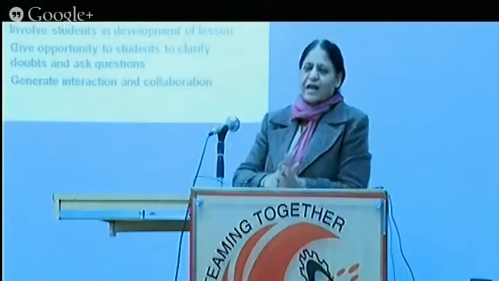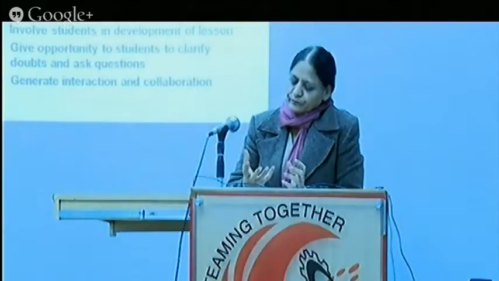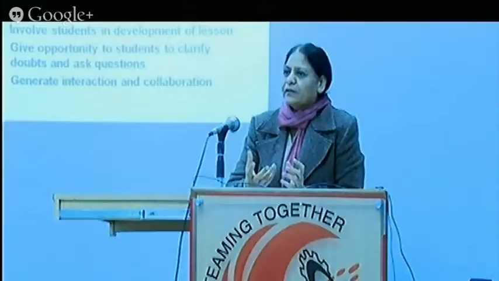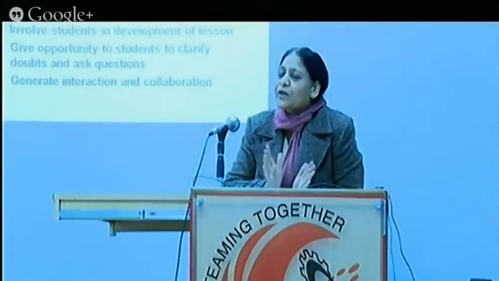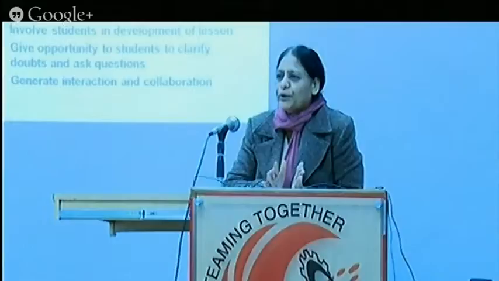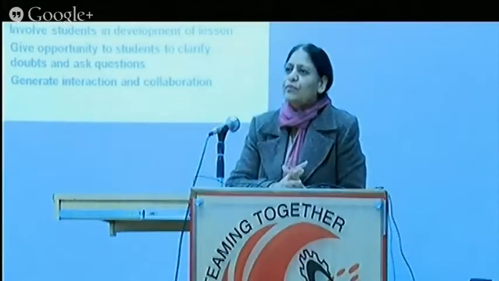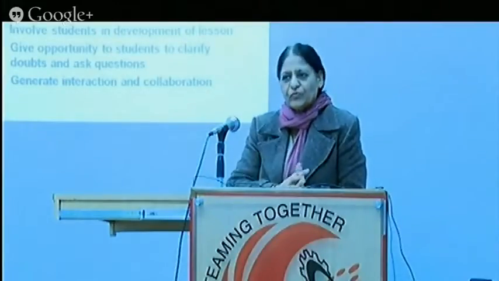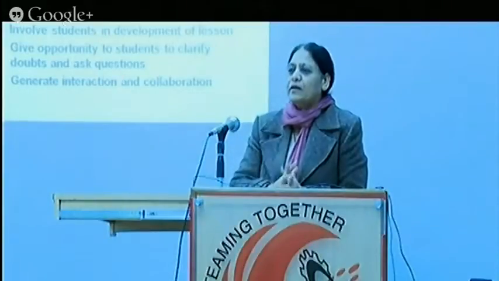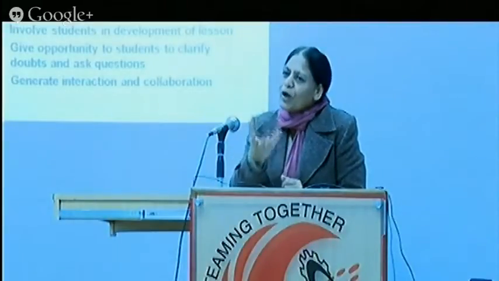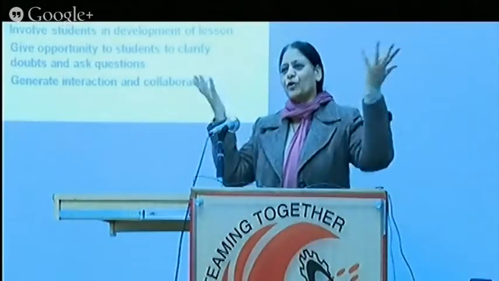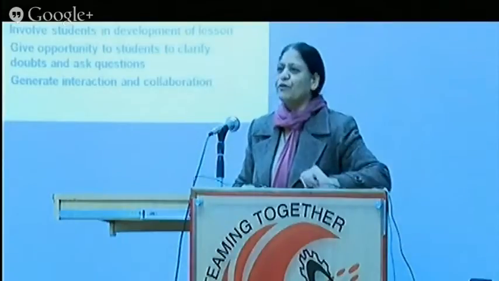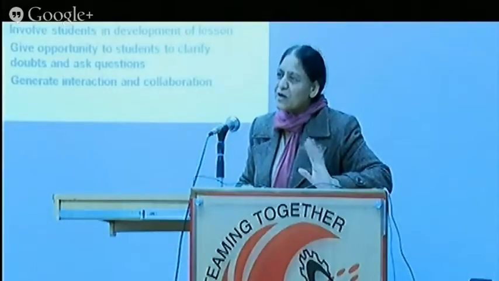But cognitive strategy refers to how you think, how you recall, how you remember, how you organize your thinking, the ways and means you adopt to locate the information, to organize the information, to remember the information, to recall the information when it is needed, and how you organize your thought processes. That is what is referred to as cognitive strategy.